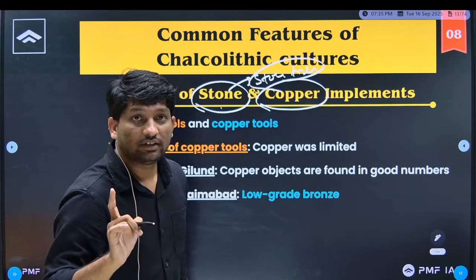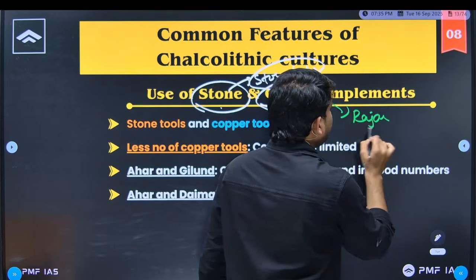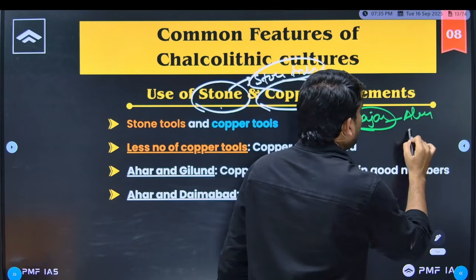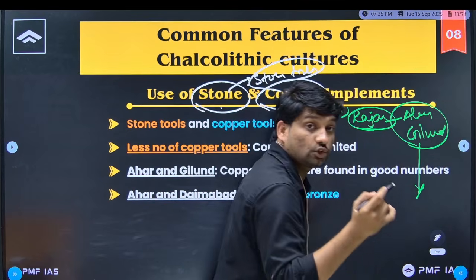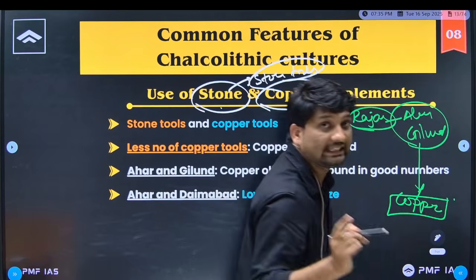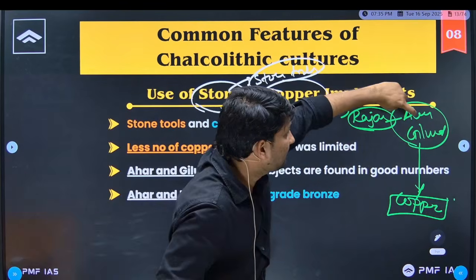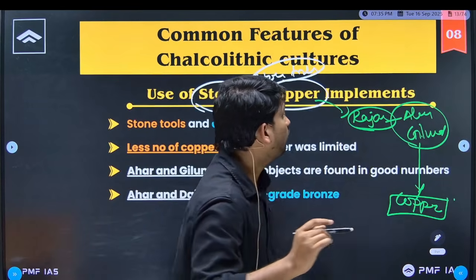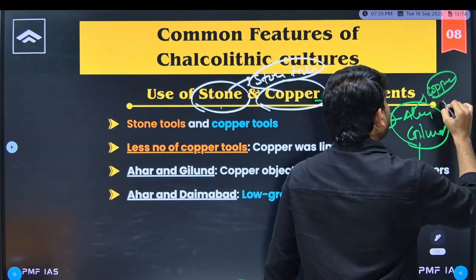But the sites in Rajasthan like Ahar or Gilund are located near the source of copper, because the Khetri region of Rajasthan is famous for copper. So in these sites like Ahar and Gilund, you will find a good number of copper objects.